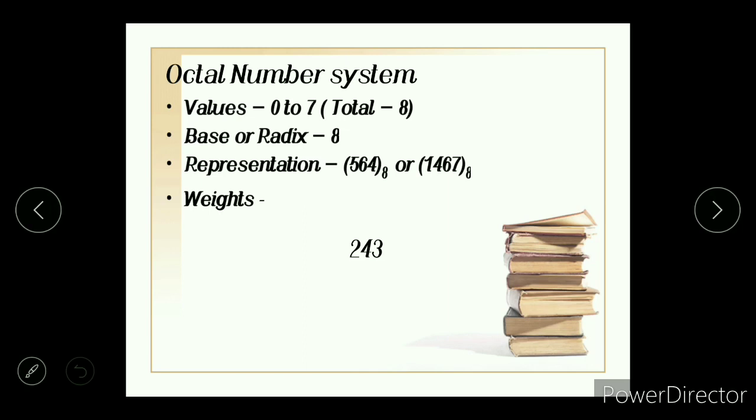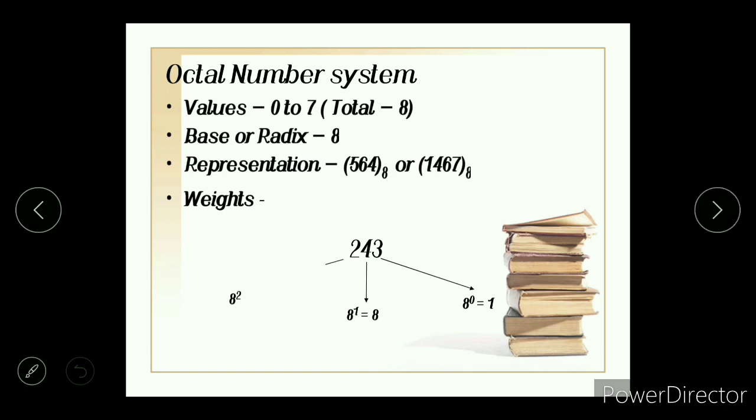Okay. So if I want to write down the weight of a number in octal, then again starting from right hand side we will write its base. What is the base of octal? 8. So base raised to 0, that is 8 raised to 0, which is equal to 1. Next number will be 8 raised to 1, which is equal to 8.